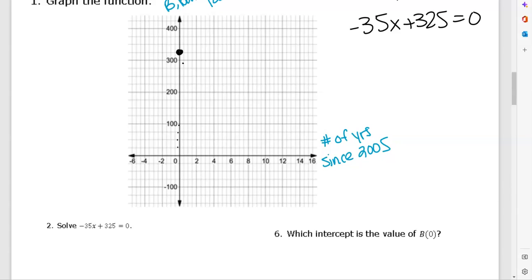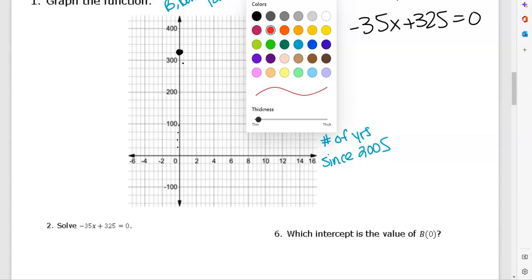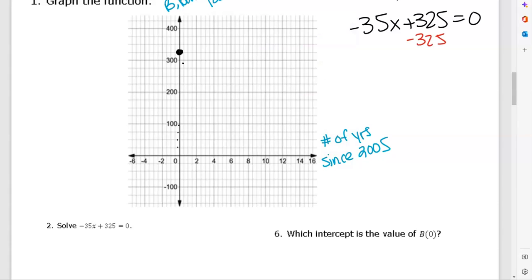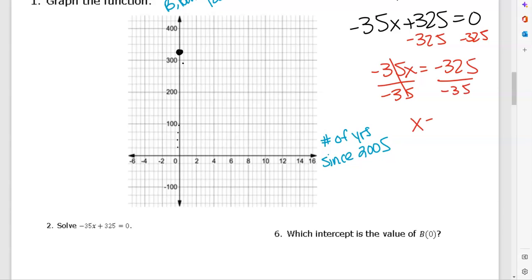Help me get x by itself. What should we do first? Subtract 325. All right. Subtract 325. Now we have negative 35x equals negative 325. Now what do we do? Divide. So what is our x-intercept? Calculator friends. Negative 325 divided by 35.